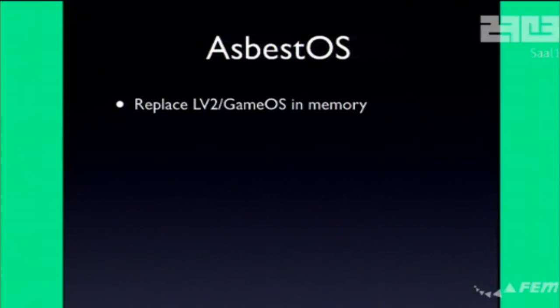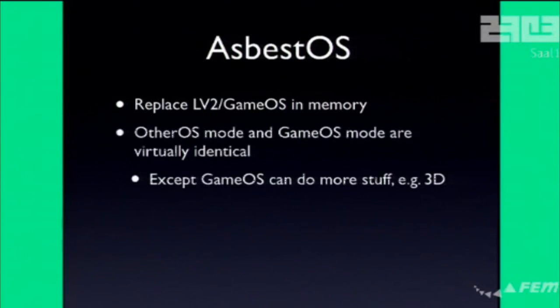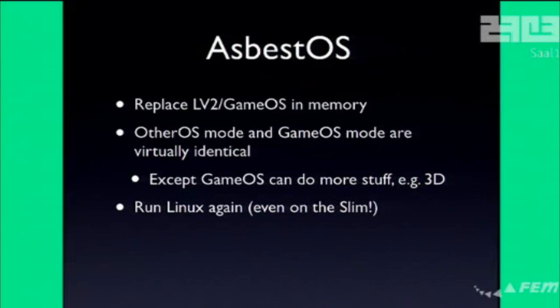So Asbestos takes over level 2, and then you can pretty much just run a Linux kernel, bootload it from a network or something like that, and you can run Linux again, even on a PS3 Slim. It turned out it just worked. There's nothing about the Slim that makes Linux not work. The reason why it doesn't support it is because they didn't want to support it.